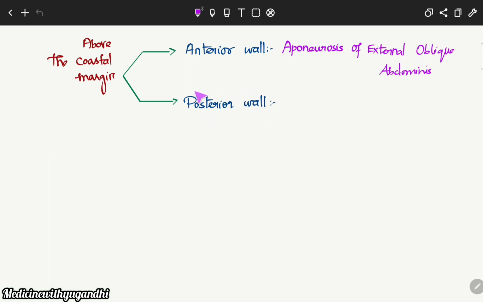And the posterior wall above the costal margin is actually deficient, so that the rectus muscle rests directly on the 5th, 6th and 7th costal cartilages. Once again I am repeating, the posterior wall just above the costal margin is deficient, and so the rectus abdominis muscle rests directly on the 5th, 6th and 7th costal cartilages.